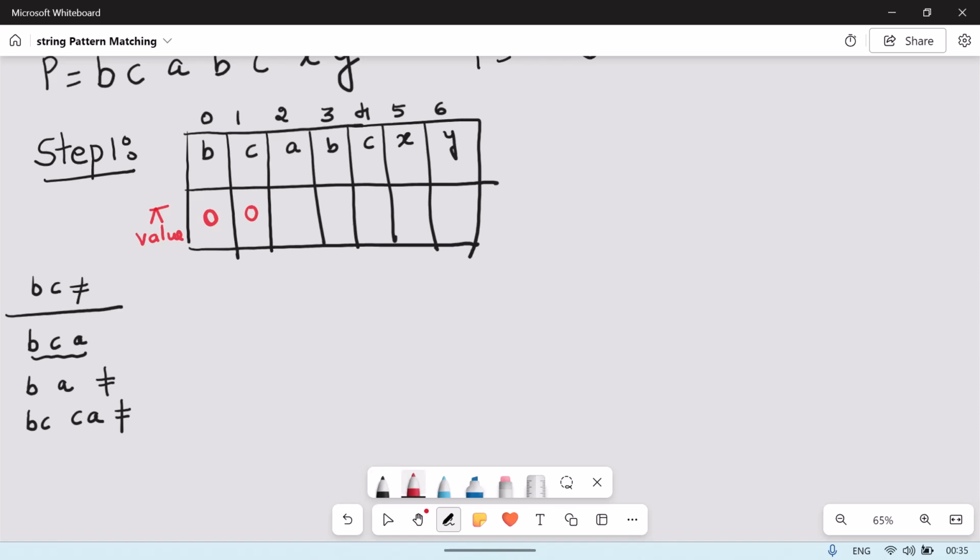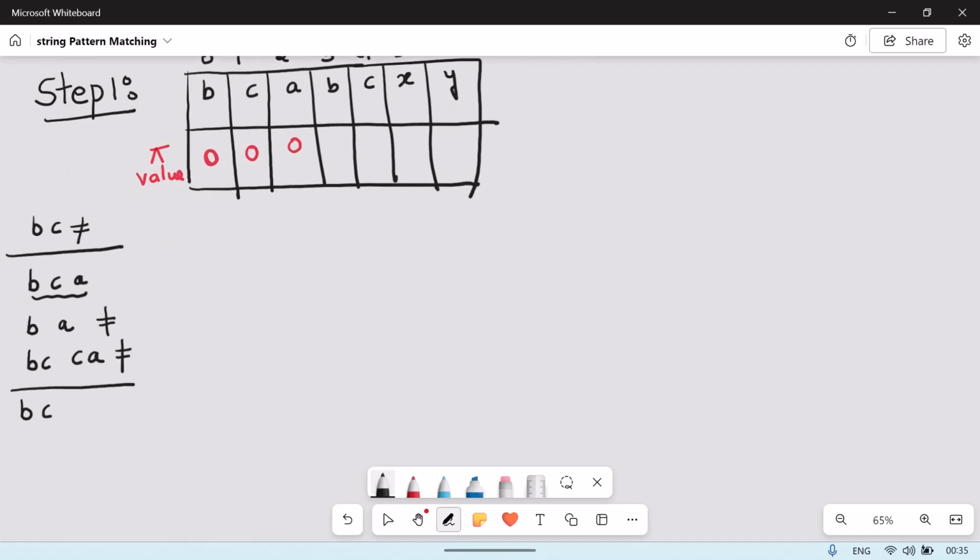So 0 here. Again, do for the next one. So I have B, C, A, B. So here one possibility is B and B. The other one is B and C, A and B. Then B, C, A.